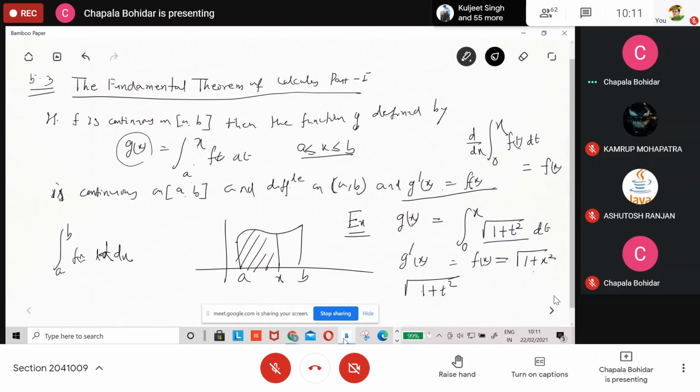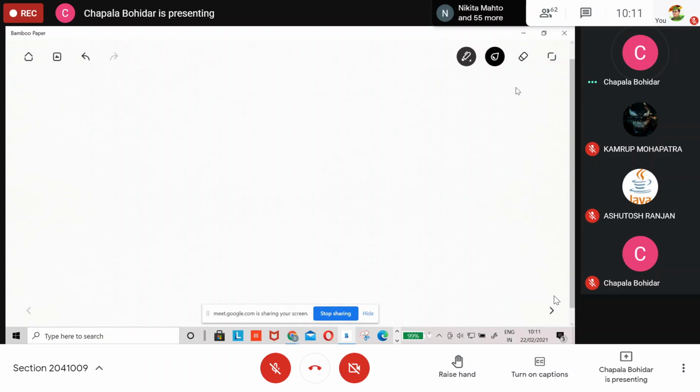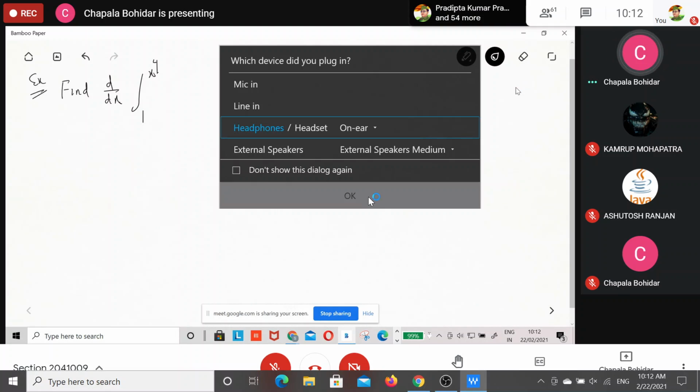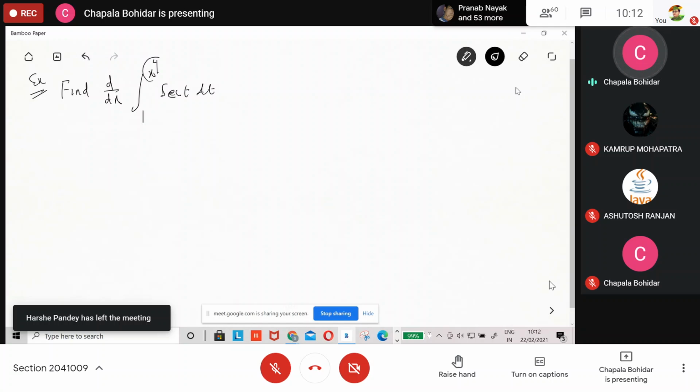Here it is. I'm going to erase this page. Find d by dx of the integral from 1 to x to the power 4 of sec t dt. Here it is not written as x.